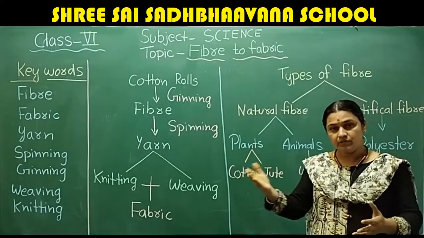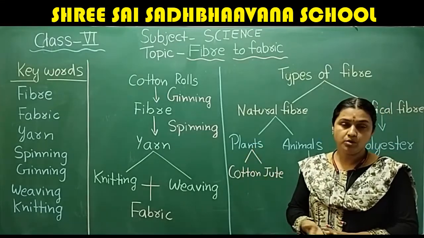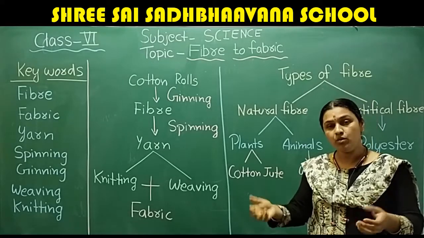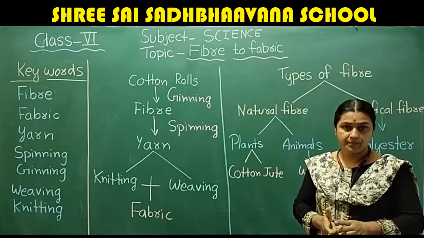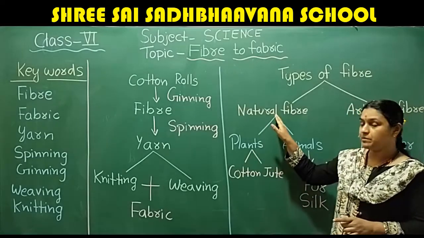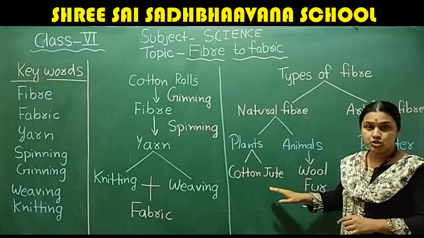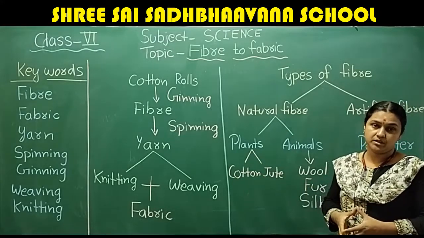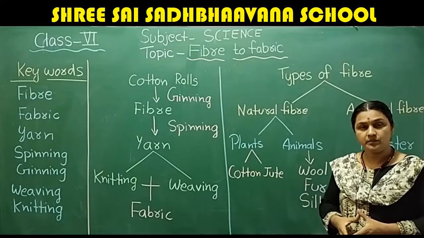There are different types of plants, and they have their own importance. For fiber, we have cotton and jute, which play an important role in making fabric. You have heard the word cotton.